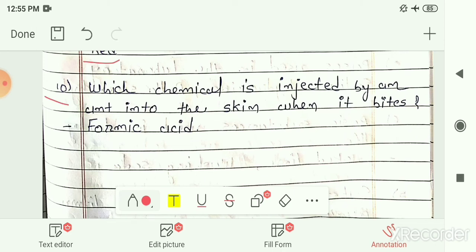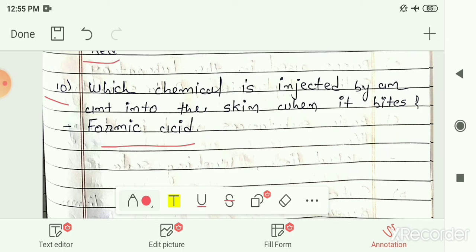Which chemical is injected by an ant into the skin when it bites? So your answer is formic acid. When an ant bites, it injects formic acid into our skin, which results in irritation of the skin.